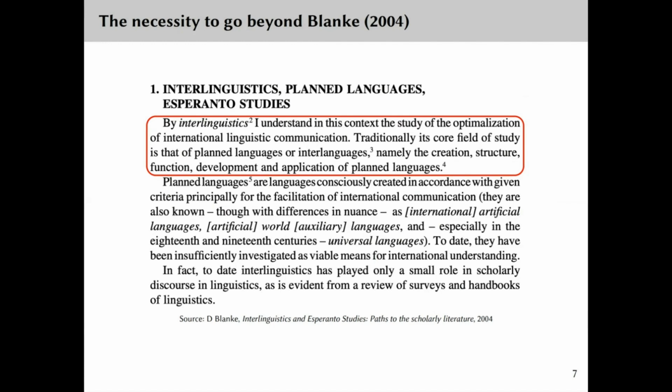He says that interlinguistics is the study of the optimization of international linguistic communication. And then he defines planned languages or interlanguages as languages like Esperanto that are planned, constructed, invented to be an ethnically, nationally neutral way of talking between people belonging to different cultural backgrounds, linguistic backgrounds, and repertoires.